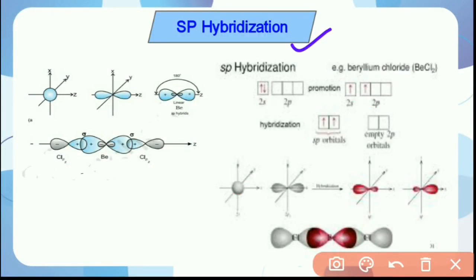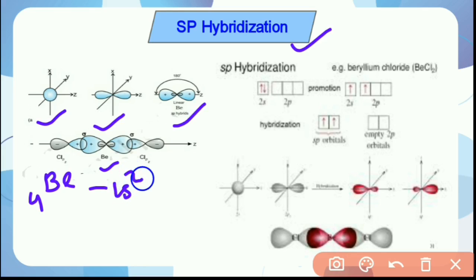sp hybridization. In sp hybridization, one s and one p orbital intermix and form two new sp hybrid orbitals. These hybrid orbitals make bonds with other atoms and form a molecule. For example, BeCl2, where beryllium is the central metal atom. Let's see the electronic configuration in the ground state. Beryllium's atomic number is 4 and its electronic configuration is 1s2, 2s2, so its valence shell electrons are 2.